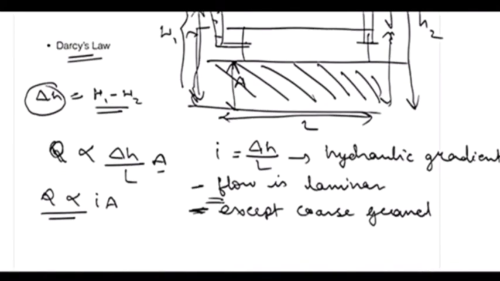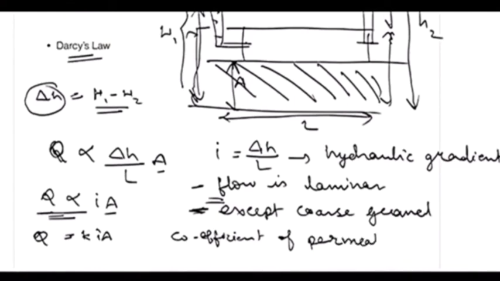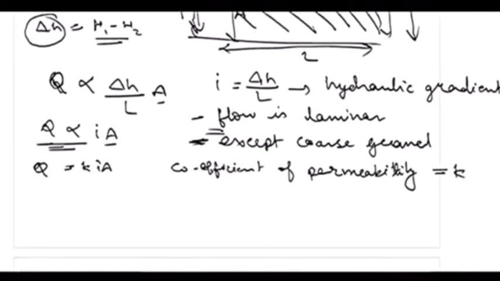The flow comes out to be proportional to the hydraulic gradient times area, and the constant of proportionality is known as the coefficient of permeability, denoted with k. So Q is equal to kiA, and if we divide discharge by area, we get the velocity. So velocity v is equal to ki.